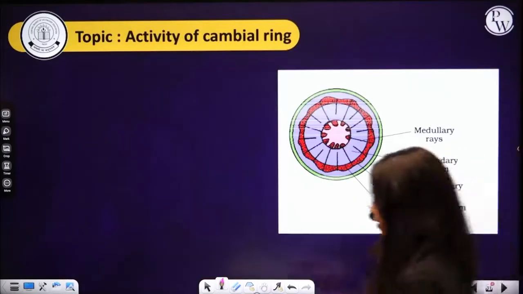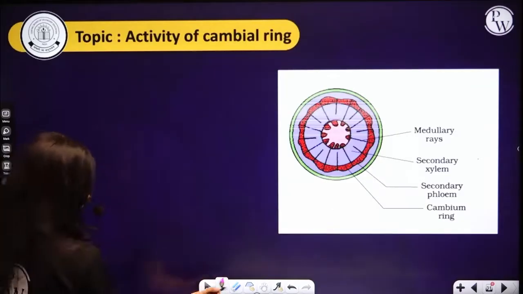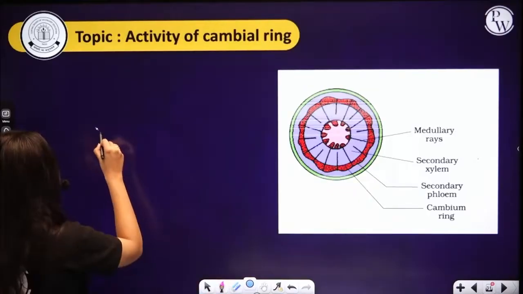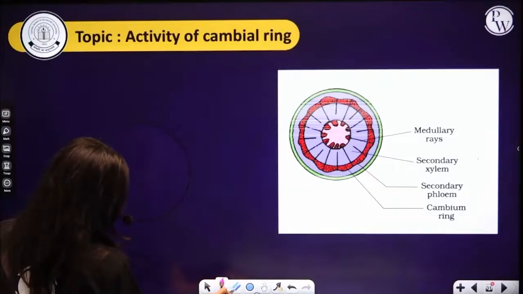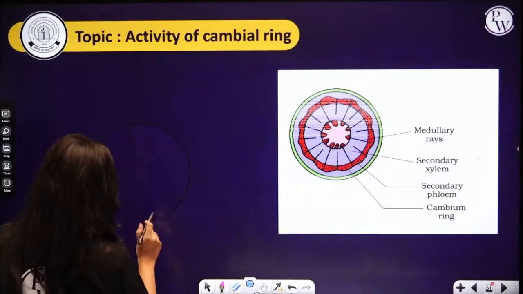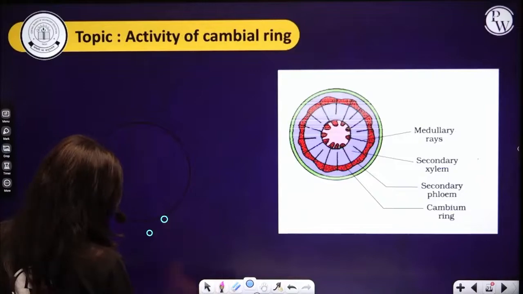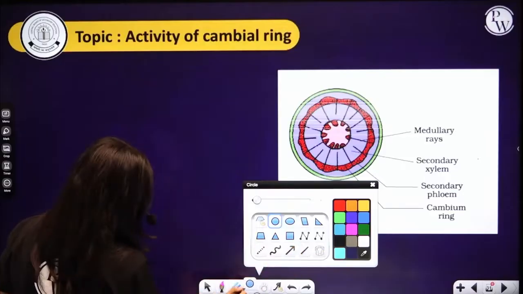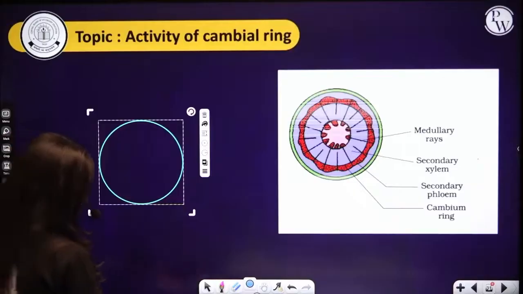Now what happens is, let's say this is the vascular cambial ring.